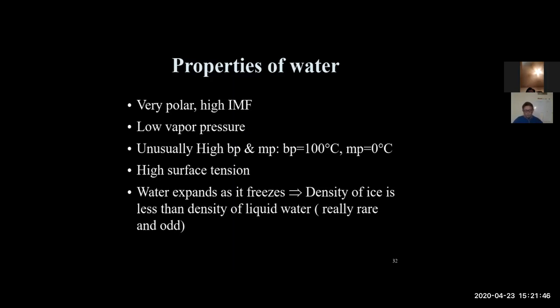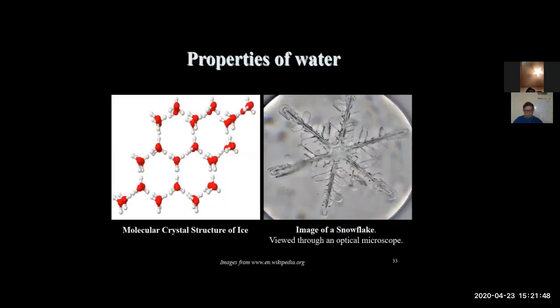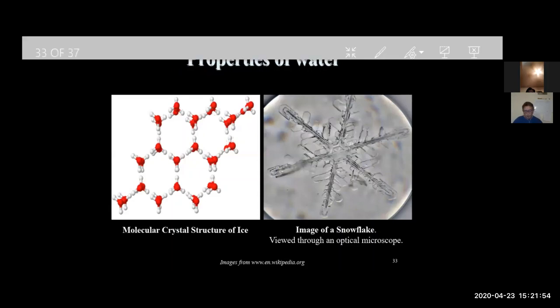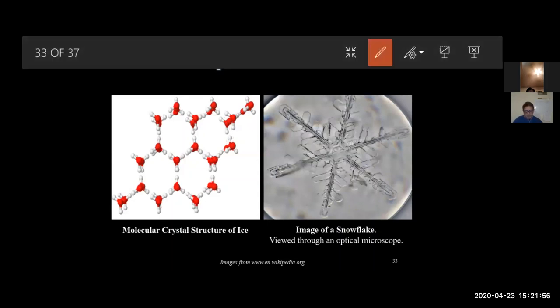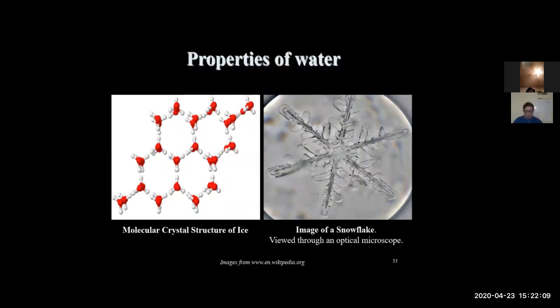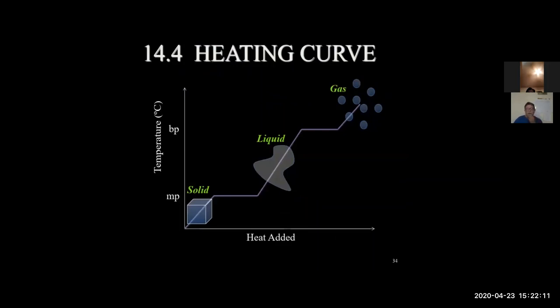And what's unique is when it does freeze, its structure is very ordered. Something interesting about nature: it makes crystals that always pick a hexagonal shape. These are crystals of water in the frozen state. Very unique material. All right, heating and how it relates to IMF.